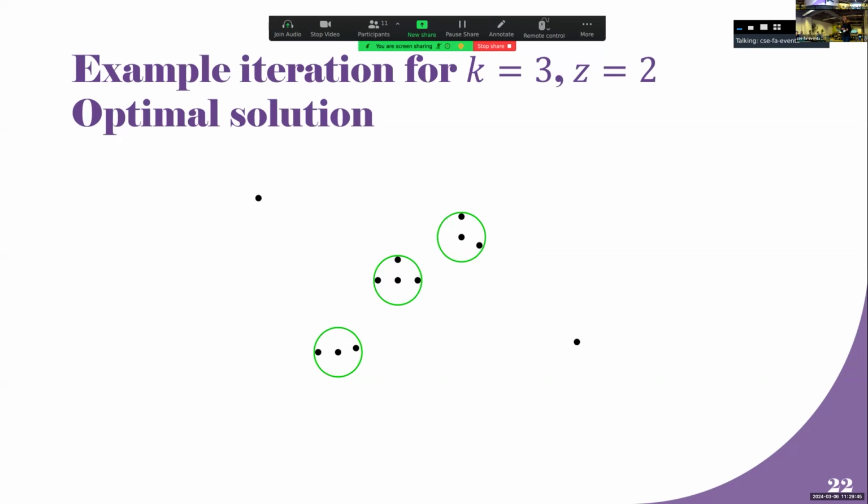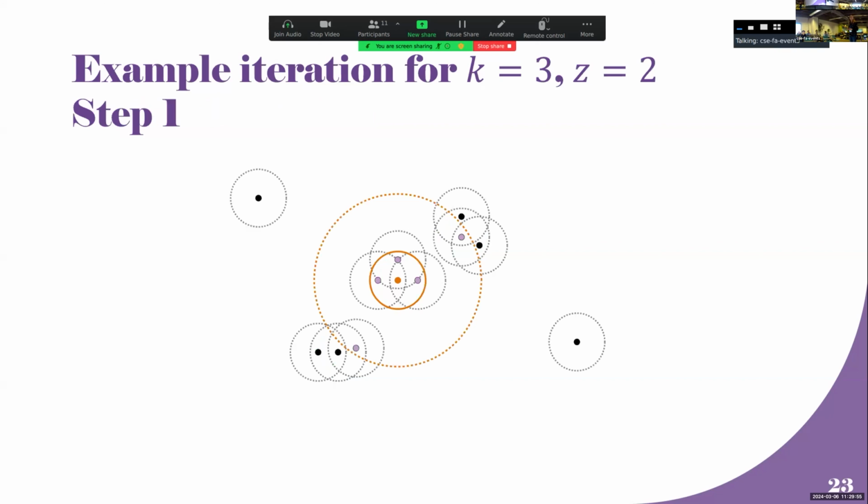So here's a little example. Again, we have k centers and 2 outliers, and an optimal solution could look like this. We are on some level, and what our algorithm does first is computing these close neighborhoods, and then we pick the heaviest one first, which is this one, and mark all the points in the extended neighborhood.